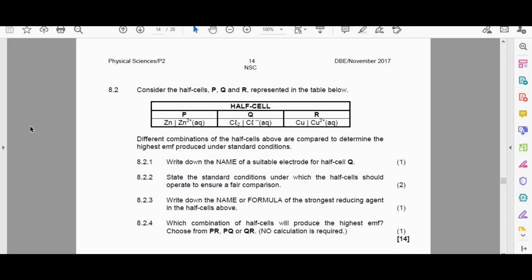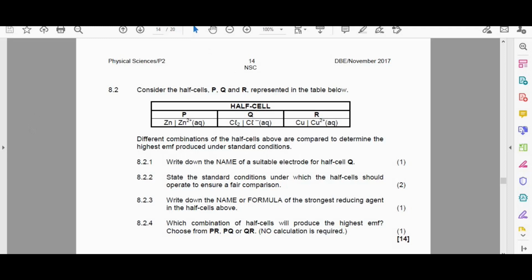If I have 1,36 and I'm minus 0,76, which is going to end up 1,36 plus 0,76, that's going to give me quite a high EMF, compared to any other combination. So just looking at those values, I can see that that's going to give me the highest value, the strongest voltage. So therefore my answer is PQ.